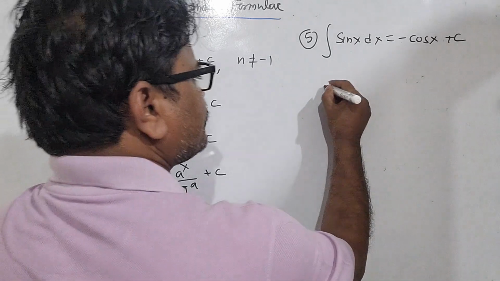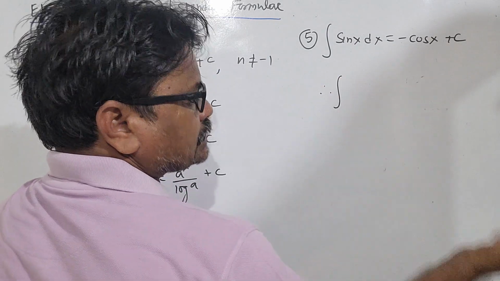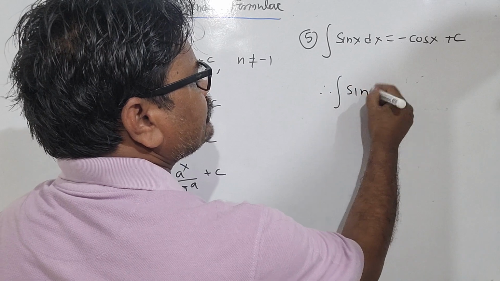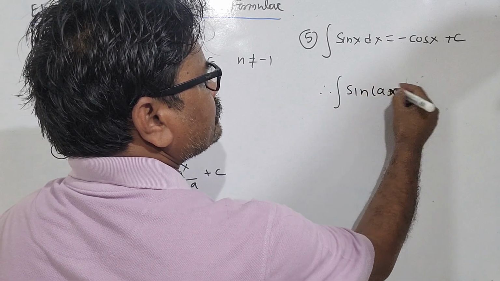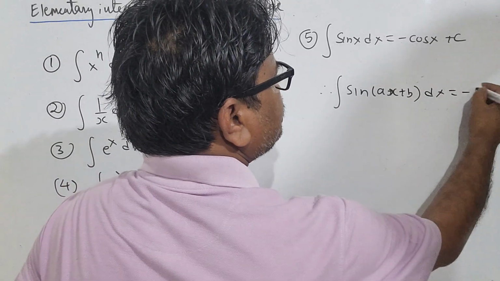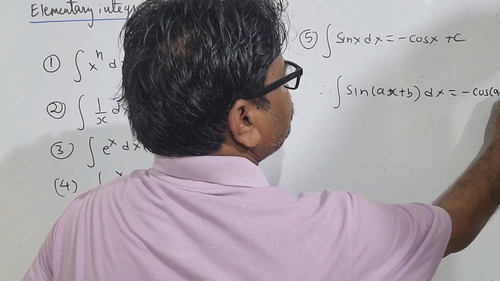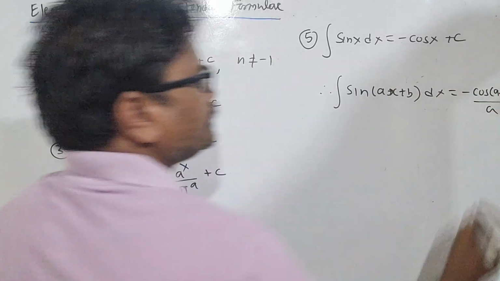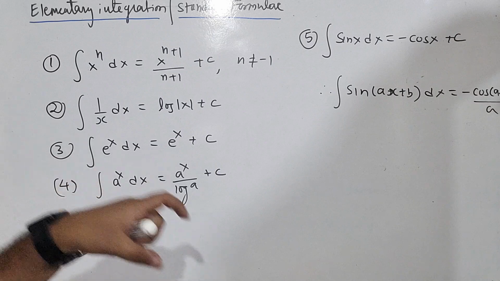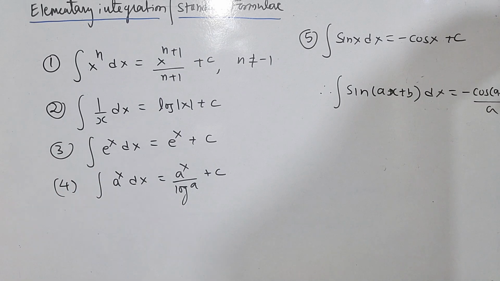So also we can transfer it in the linear function, that is the integration of sine of ax plus b dx, that will be minus of cos of ax plus b divided by a. That we know, how the integration formulas are valid when there is a linear transformation of the function, correct?